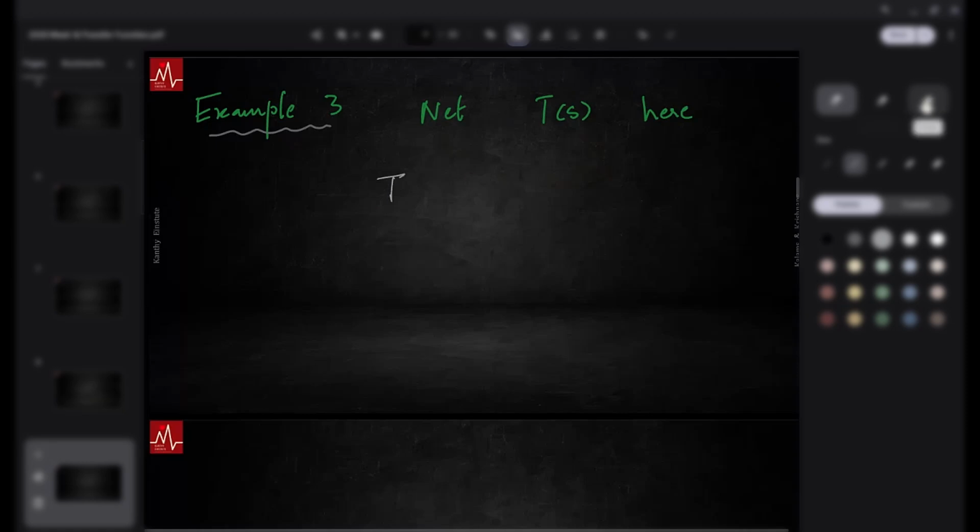Let's look at example 3. The net transfer function of s here is fairly easy. We have T1 of s and T2 of s.